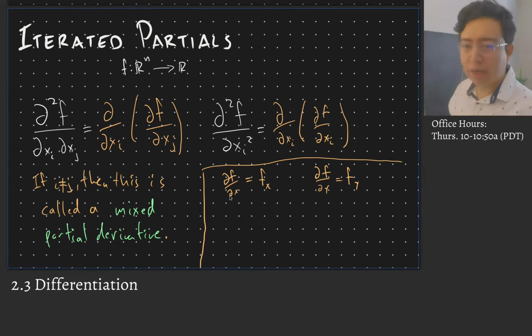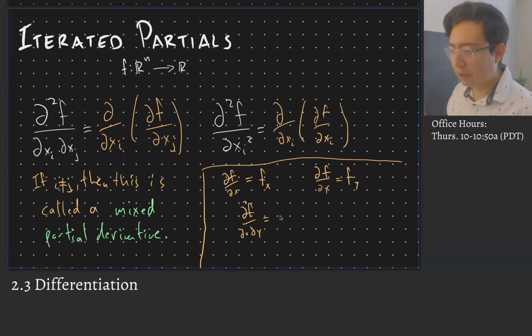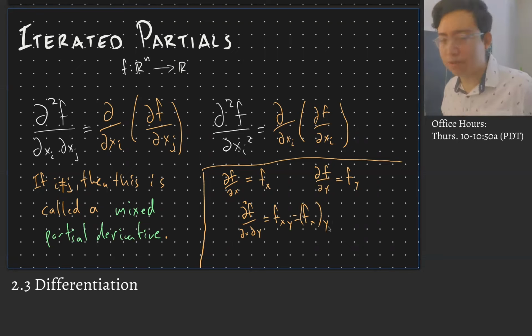And then what this makes nice is that you can think of the iterated derivatives. So dx dy is f sub x y, right? Because it's f sub x sub y, right? So we take the derivative with respect to x, and then we take the derivative with respect to y. Okay.